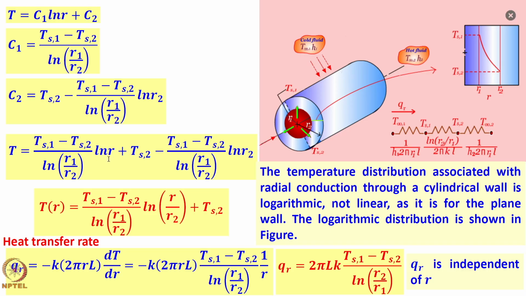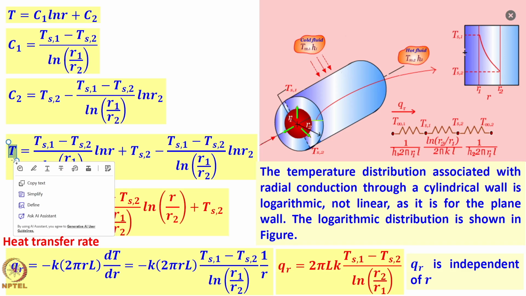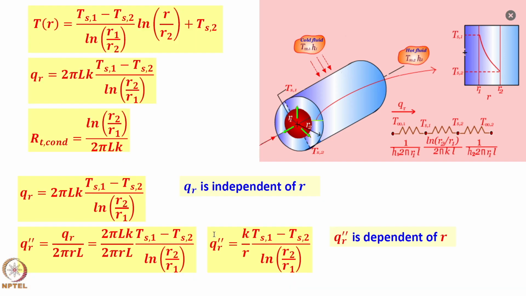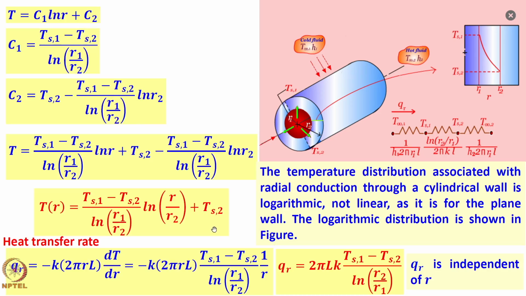The variable of interest is R, and the dependent variable is T, which is again what we are interested in. So if we just go back here, T1, T2, everything is known. T of R therefore is Ts1 minus Ts2 times log of R by R2, divided by this one.